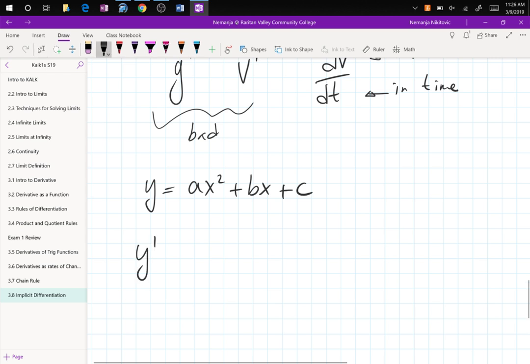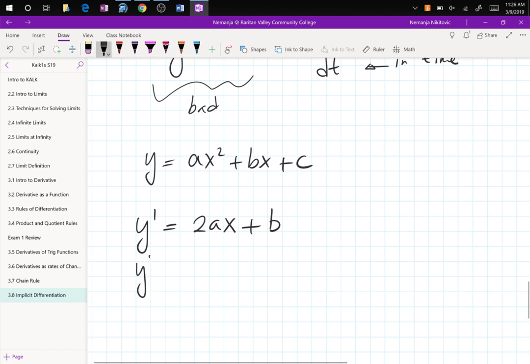So if you write y prime is equal to 2ax plus b, well, that's definitely the derivative of it, because the derivative of x squared is 2x, and you copy the constant in front, which is a. Over here you copy b, the derivative of x is 1. That's okay.